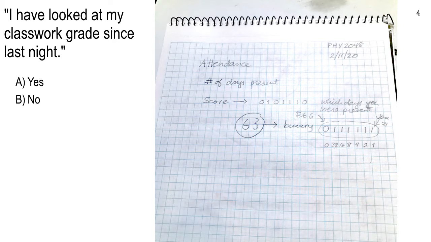So this means that 63 in binary is 0 1 1 1 1 1 1.